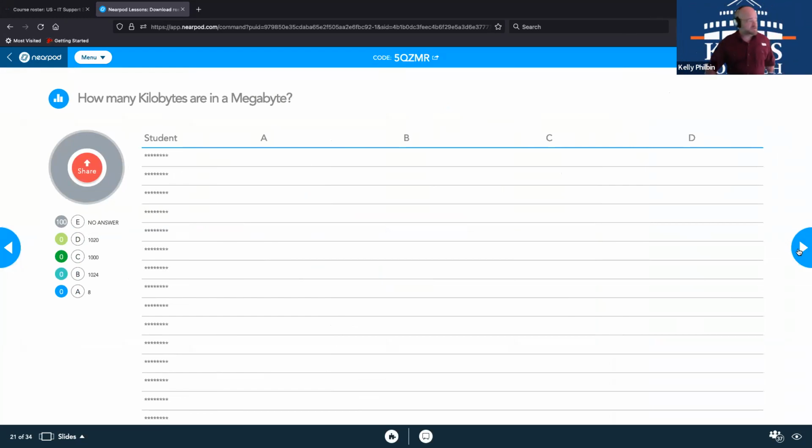Oh, quick question. How many kilobytes are in a megabyte? Don't say it out loud. A DVD-ROM? No. A DVD-RW? Yes.